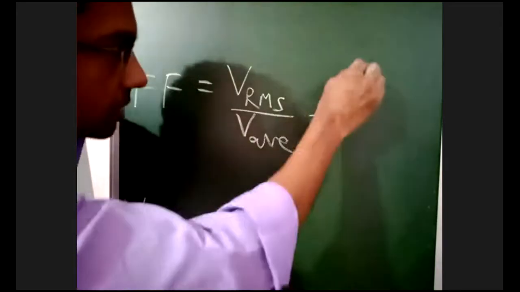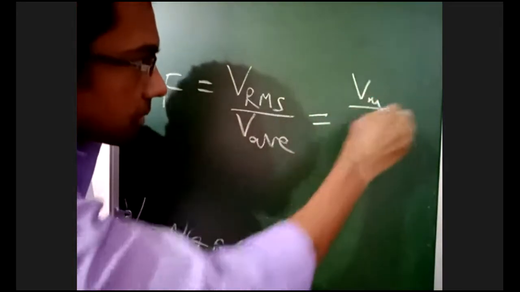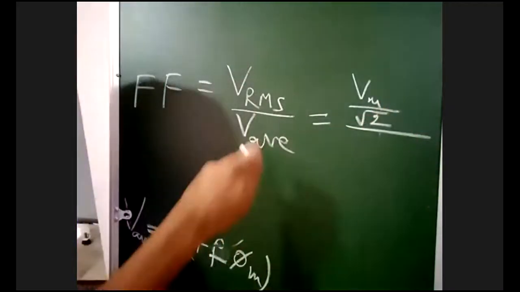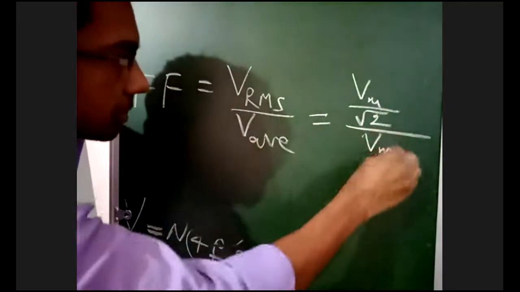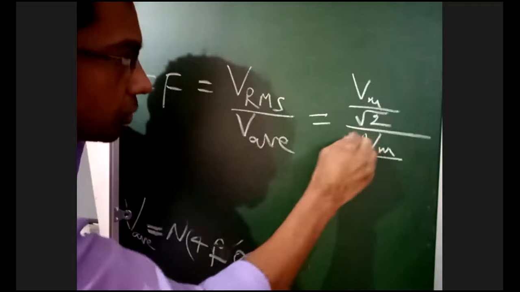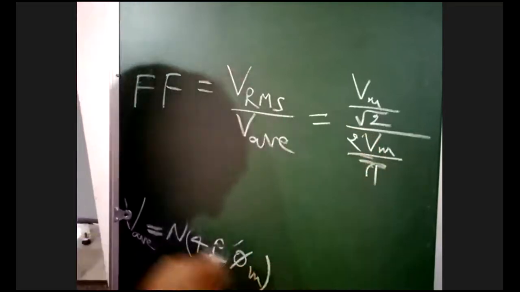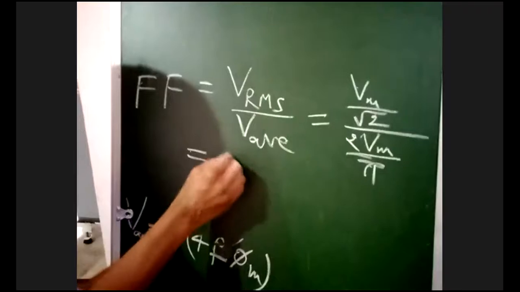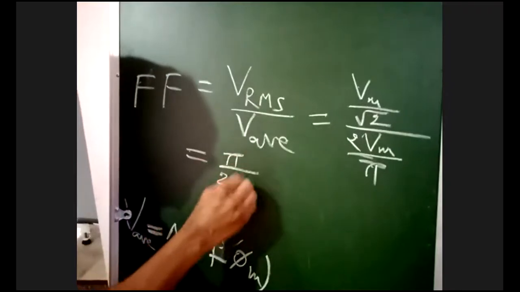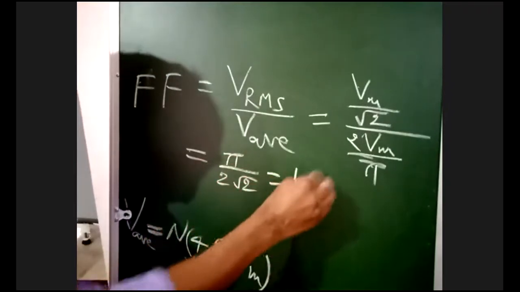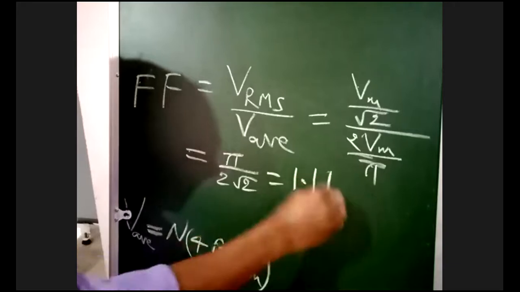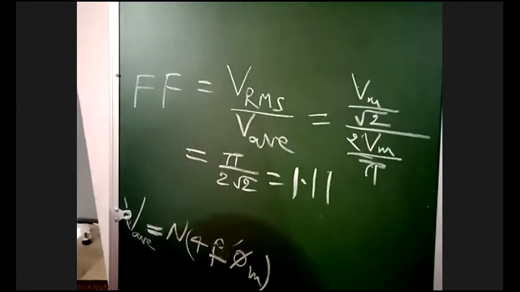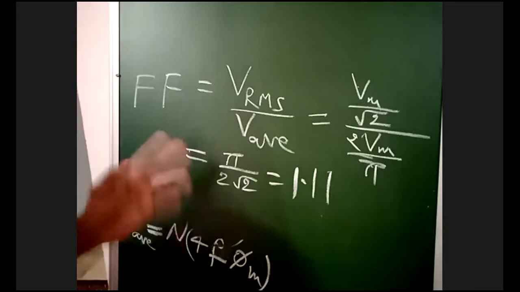What is the RMS value of the full wave rectifier? Vm by root 2. What is the average value of the full wave rectifier? 2 Vm by pi. Now simplify this, Vm cancels. Pi by 2 root 2. See, in your second unit, I have explained this one.